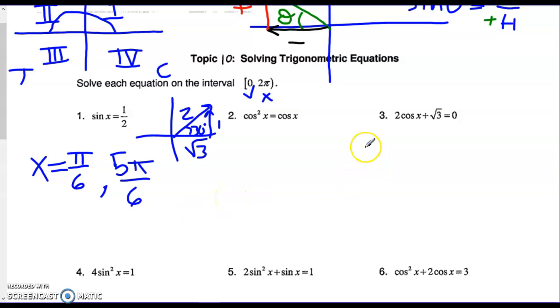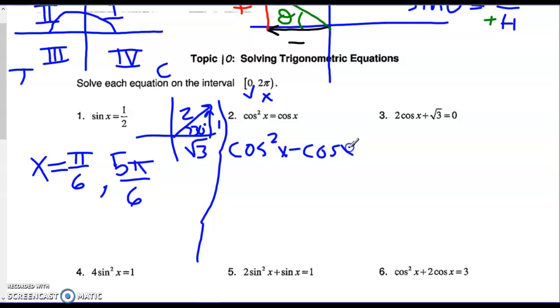For number 2, we have a squared trig function. And typically with a squared trig function, we're going to have to either factor or take the square root of both sides of an equation. In this case, I would simply subtract the cosine of x from both sides. And when we do that, we want to factor out a cosine of x.